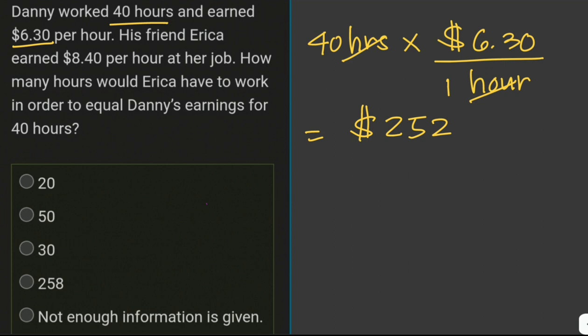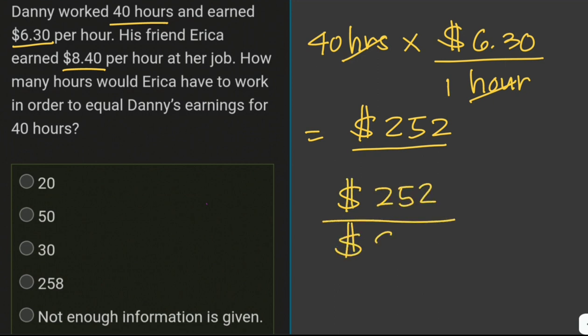Now, to find the number of hours Erica would take to earn the same earnings that Danny had, which is $252 for 40 hours, we just have to divide 252 by Erica's earning per hour, which is $8.40. So $252 divided by $8.40 per hour is just equal to 30 hours.